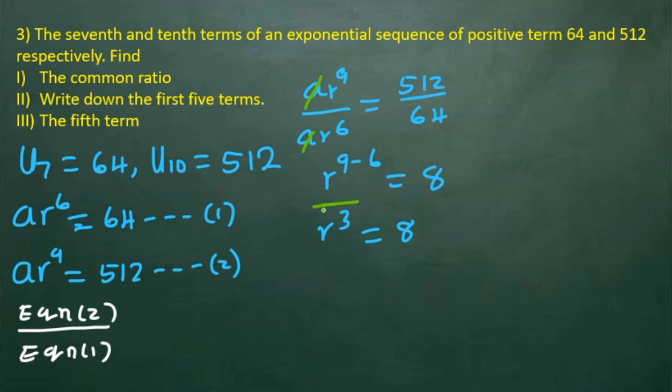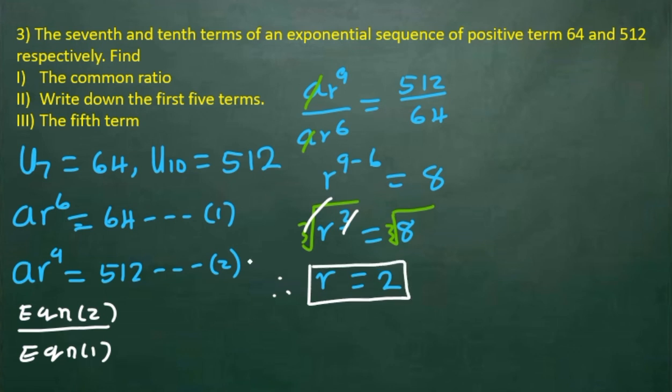So the cube root of r to the exponent of 3 and the cube root of 8. Basically this is gone, so we are left with r equals the cube root of 8, which is 2. So the common ratio r is 2.